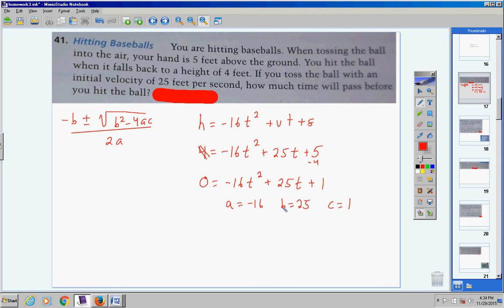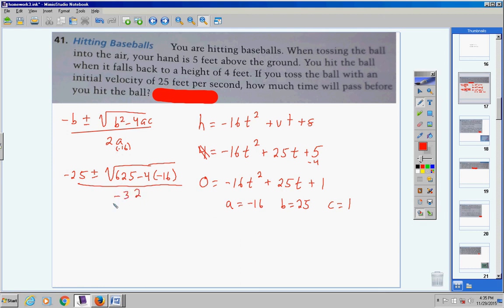So b is 25, so negative 25. Square root of b squared. b squared is 625. Then I have negative 4, and then in parentheses, a times c, negative 16 times 1. That's negative 16 all over 2a. Now a is negative 16, so 2 times negative 16 gives me a negative 32.